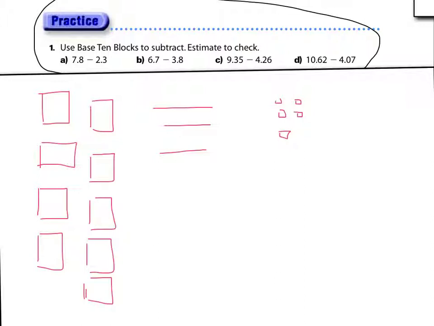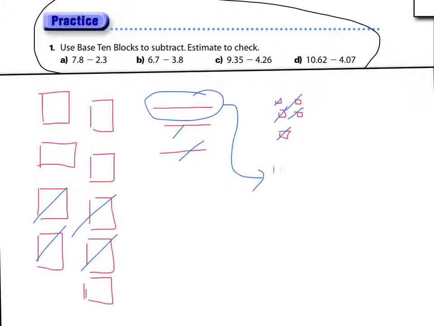Now I'm going to take some away. I have to take 4 away. 1, 2, 3, 4, gone. I have to take 2 away, 2 gone. I have to take 6 away, 1, 2, 3, 4, 5. Oh, I have 1 more, so that means this one has to get split into little guys. 4, 5, 6, 7, 8, and 9, and I need to take 1 of those away.